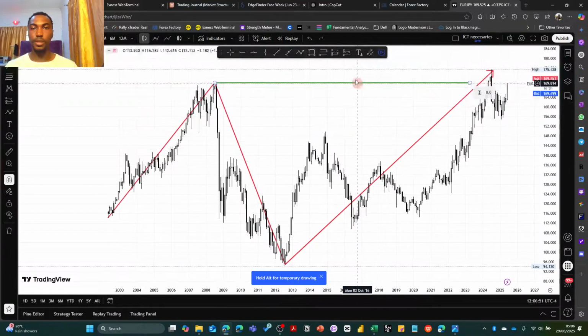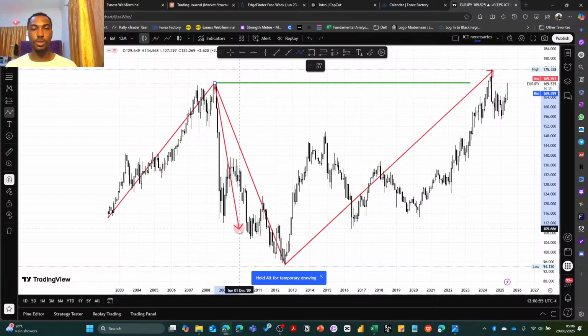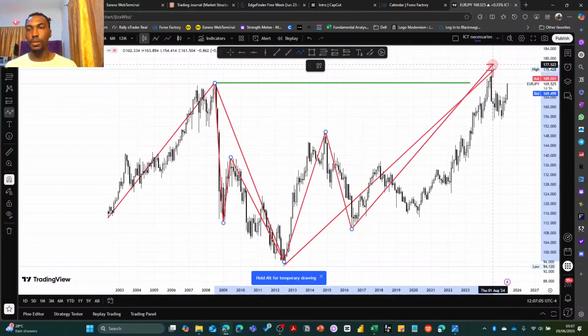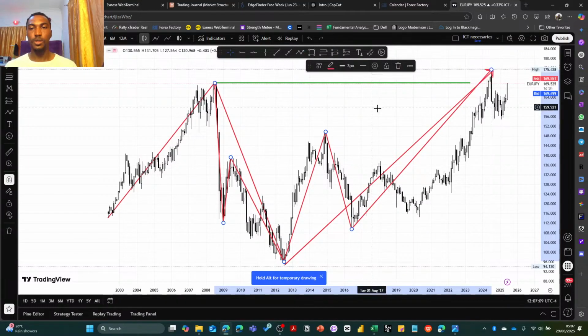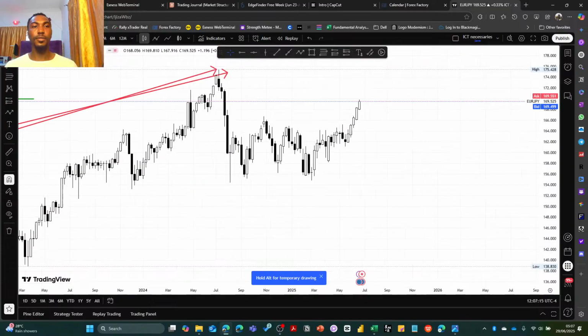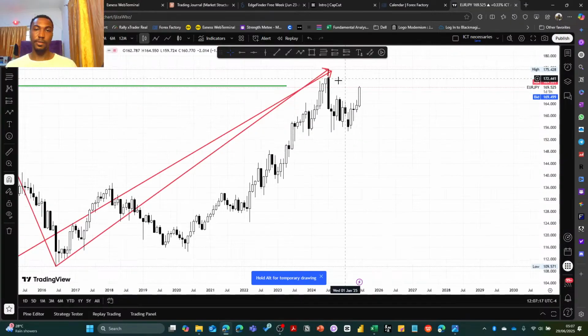Now the other clear structure, the substructure within this structure, is obviously this. This is the obvious substructure. For those of you who want to dive straight into the weekly or daily, I don't even need to force it. From here, we can actually see structures of those time frames.